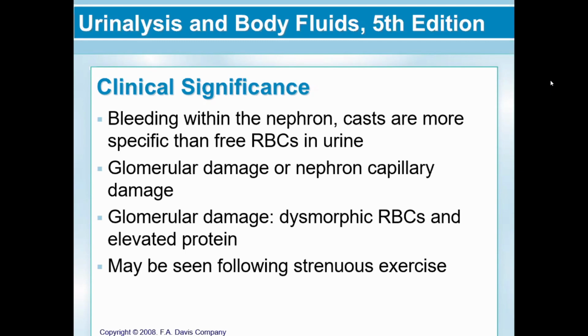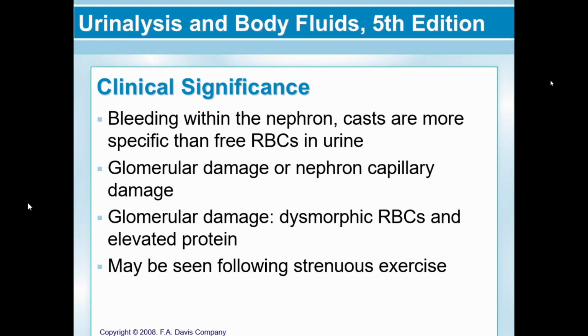If the bleeding is coming from, for example, menstrual contamination, things like that, or bleeding coming from the bladder, there will be no cast. But in a specimen with the presence of RBC casts, that can give you confirmation that the bleeding is actually involving the kidney, the nephrons of the kidney.